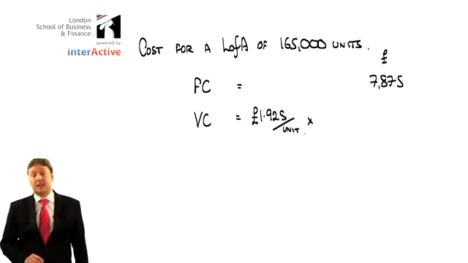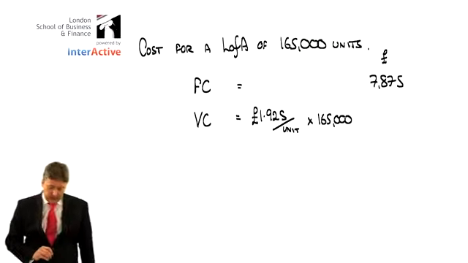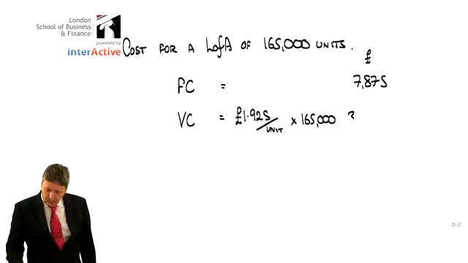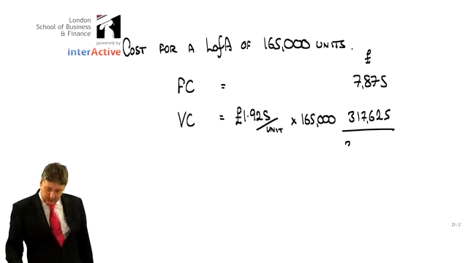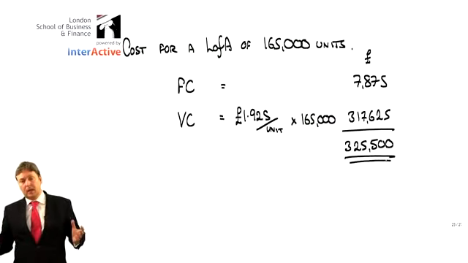We multiply that by the level of activity, 165,000. If we multiply 1.925 by 165, we get 317,625. We sum the two together and we get a total value of 325,500. And that is all we have to do. Classic high-low nonsense, this. Nothing more difficult than that.